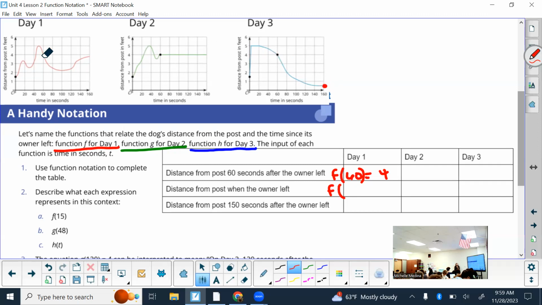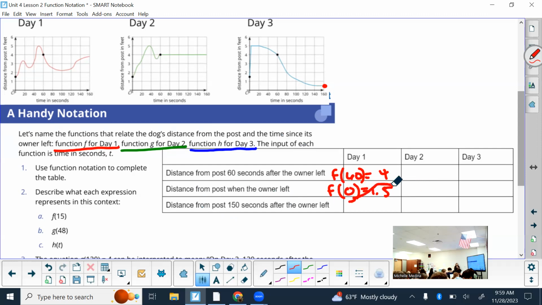What about when the owner first left? 0, good. So then it would be 0 for the time. And then how far was the dog when the owner first left? 1.5. And that's it in function notation. We already answered these, maybe not the last one, like we already answered the first 2 already. Now it's just in function notation.